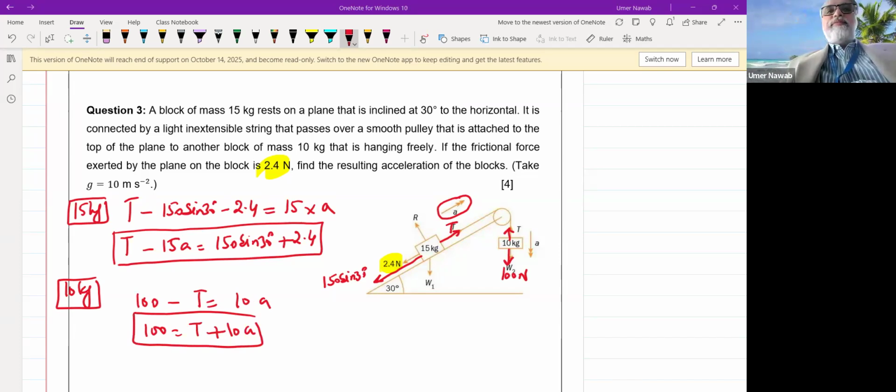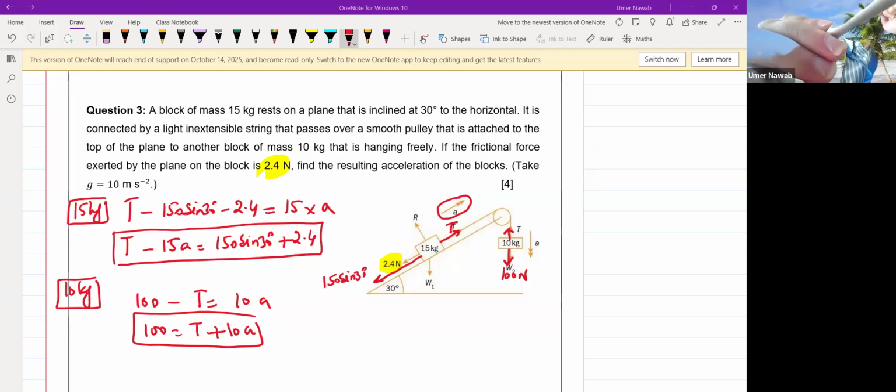Enter 1, enter -15, enter 150 sine of 30 plus 2.4, then enter 1, then enter 10, then enter 100. The first value comes to you, the tension, 91 newtons.